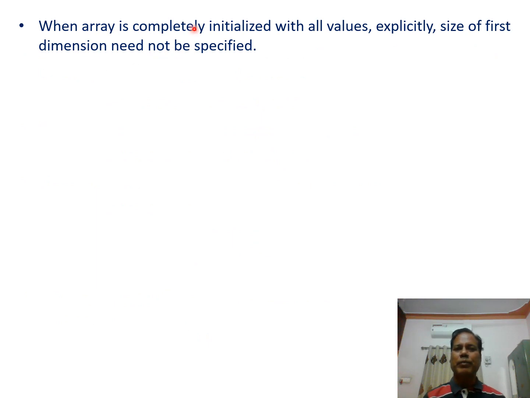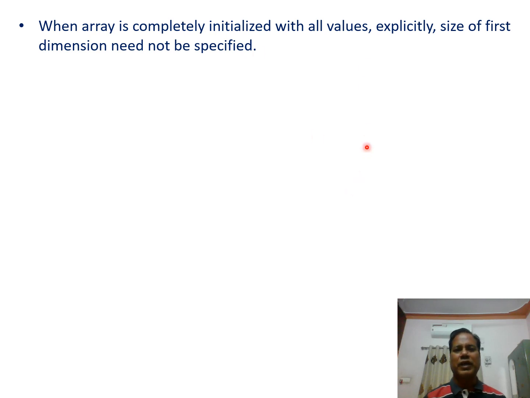When an array is completely initialized with all values explicitly, the size of the first dimension need not be specified. As we saw in the one-dimensional array, if we explicitly write all the elements of the one-dimensional array, the size of the array is optional.